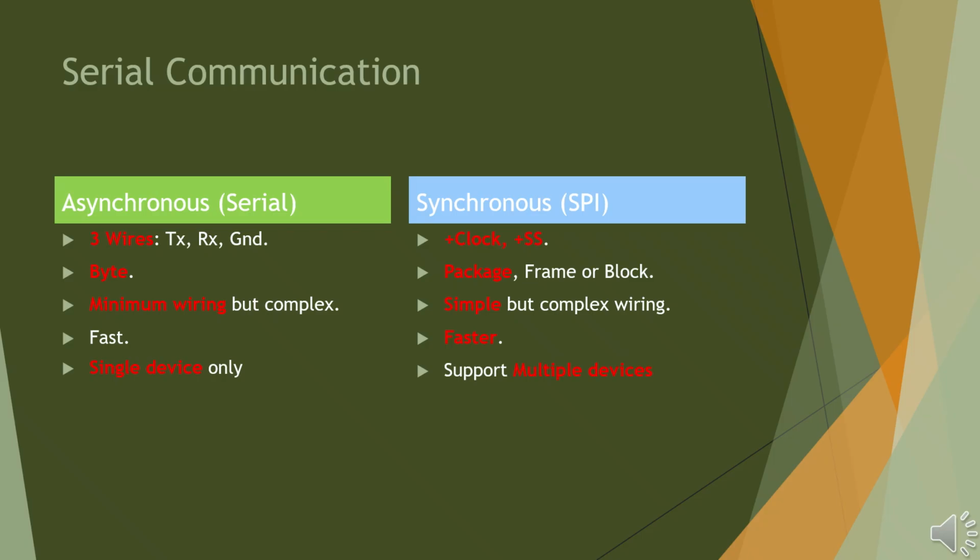This approach is used in protocols like SPI and I2C, which are ideal for connecting multiple sensors or peripherals to a microcontroller with high reliability and speed. In summary, asynchronous systems are simpler and easier but slower, while synchronous systems are more complex but faster and more precise, especially when multiple devices share the same communication bus.